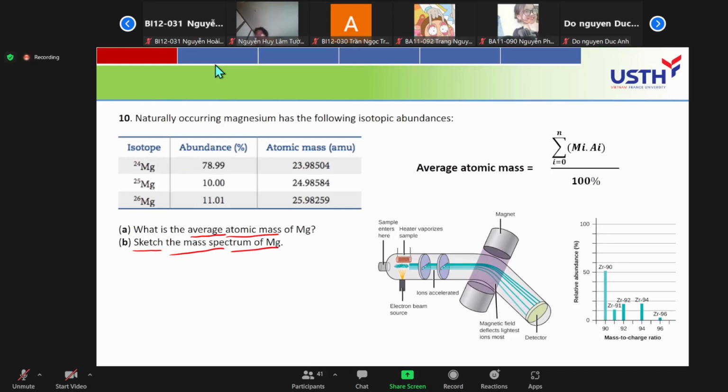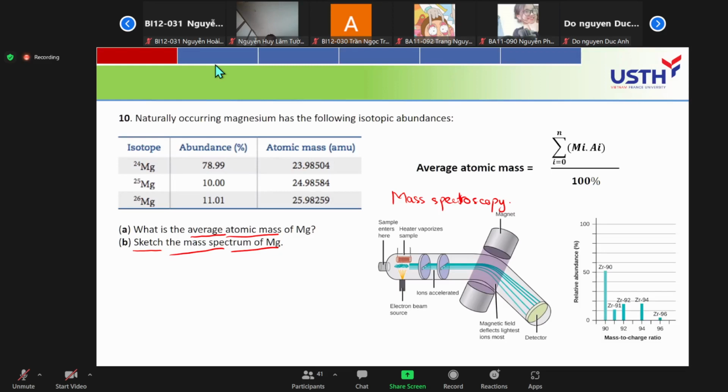The mass spectrum of magnesium comes from a technique we call mass spectroscopy, or MS. Normally we will not use MS to define the mass of different isotopes and their abundances like that.